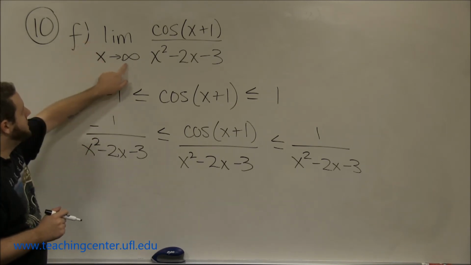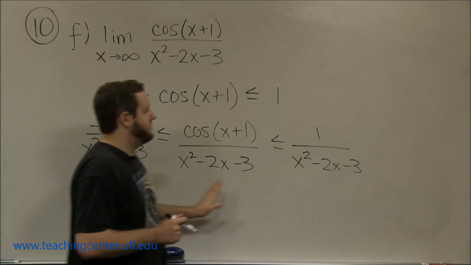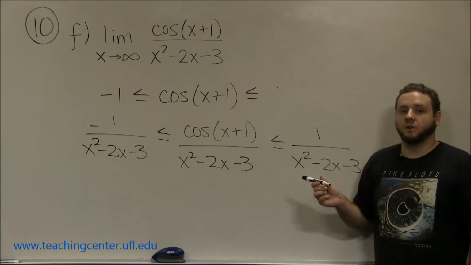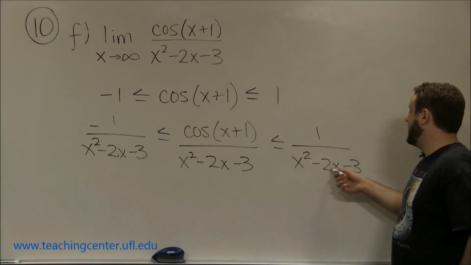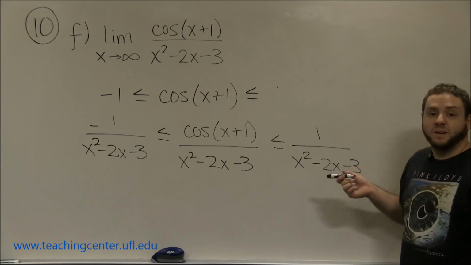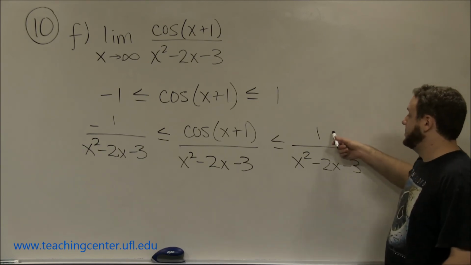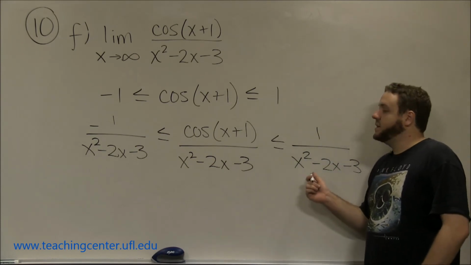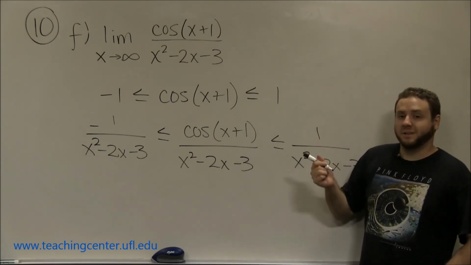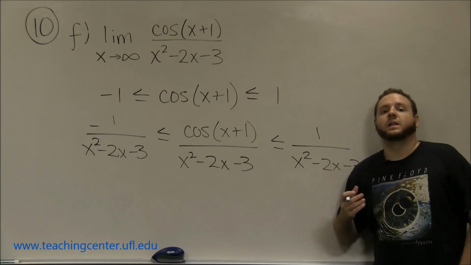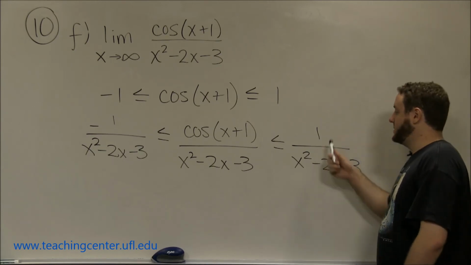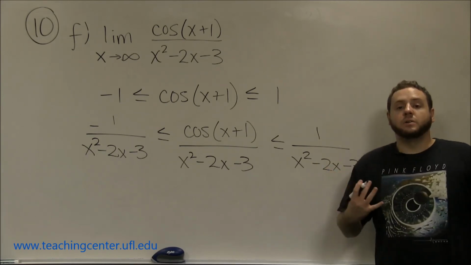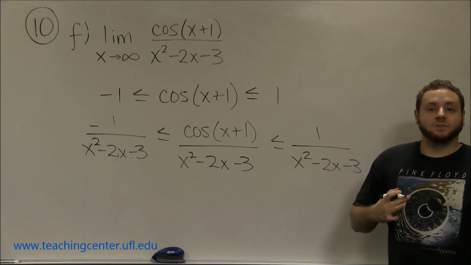So if we do an infinite limit of either the left or the right side here, this is just a rational function where the denominator would be going to infinity, but our numerator is a constant, 1 here, negative 1 here. Either way, if your degree on your denominator is bigger and you're doing an infinite limit, which is the case here, that limit is always 0. So we have a constant divided by infinity, or you can think of it as your degree on the denominator is bigger. Either way, that means these are going to 0.